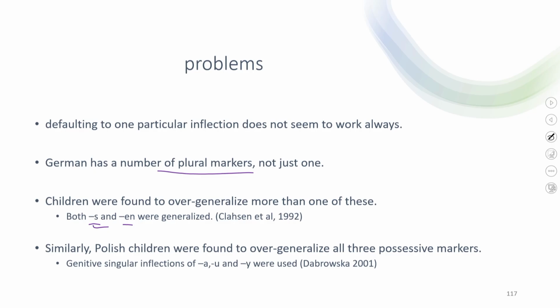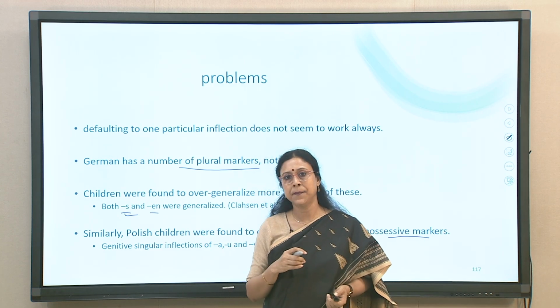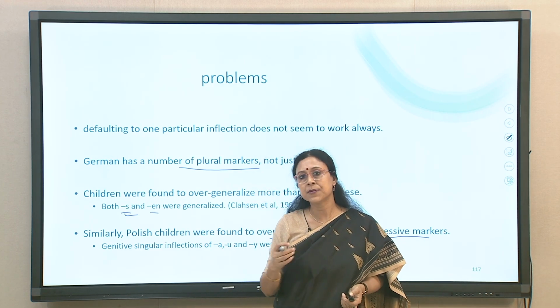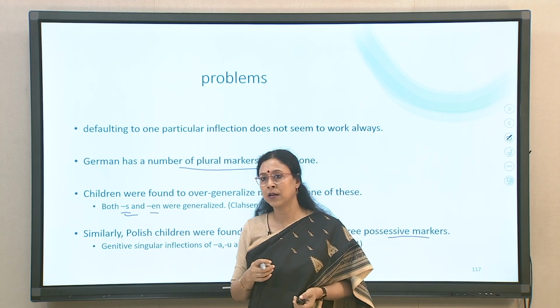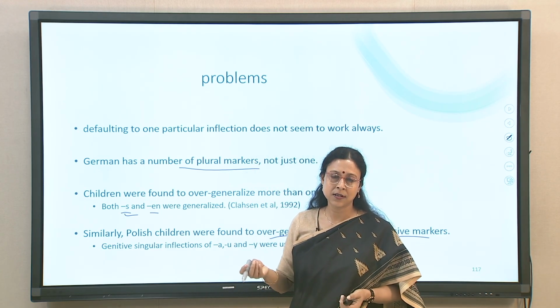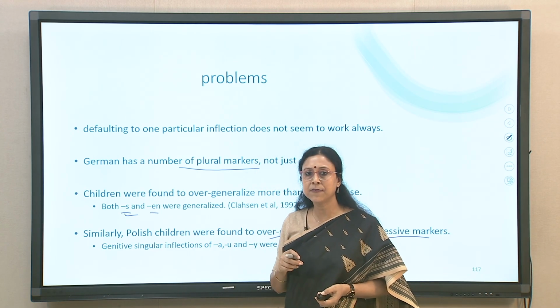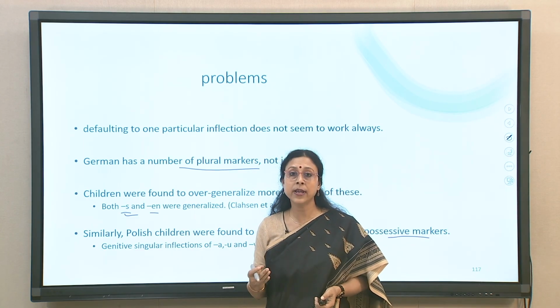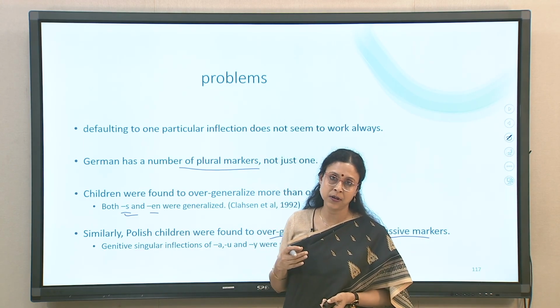Similarly, Polish children were found to overgeneralize all the three. So, Polish has three possessive markers. Possessive markers as in my book, Ram's book, or Raj's house. So, these are possessive markers. In Polish there are three ways of marking possession.